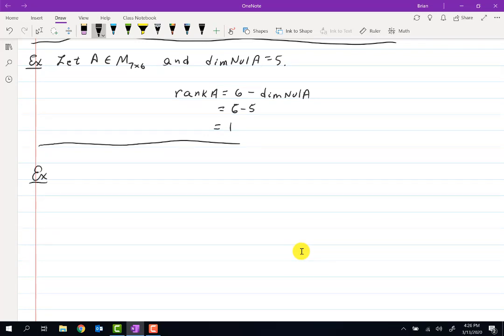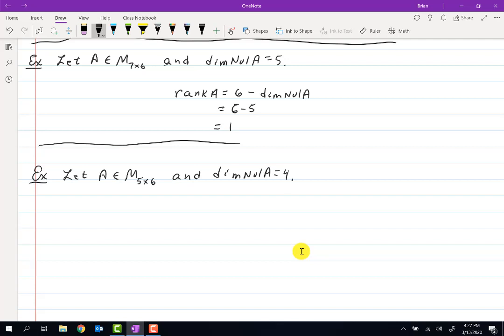Another example. Let A this time be a 5 by 6 matrix, and dim null A this time equals 4.